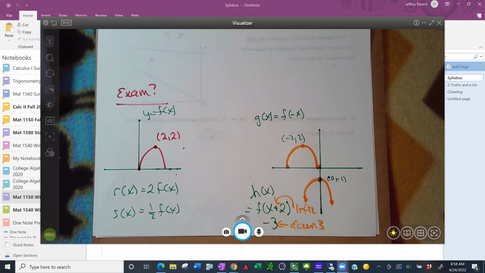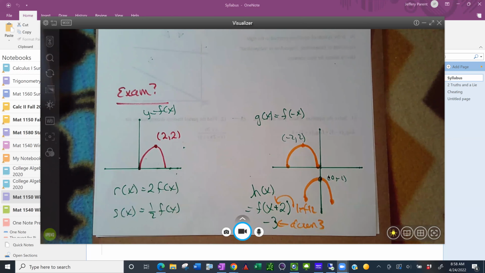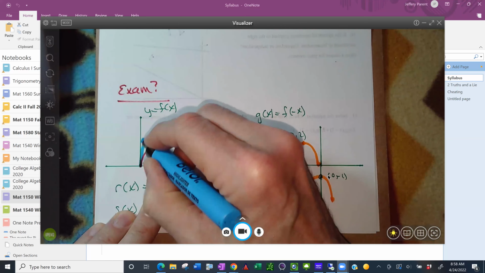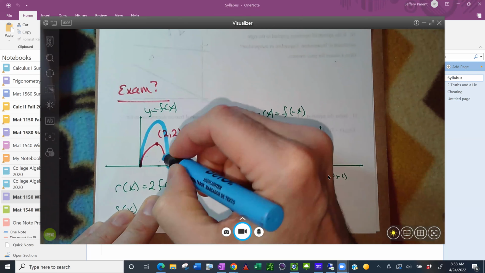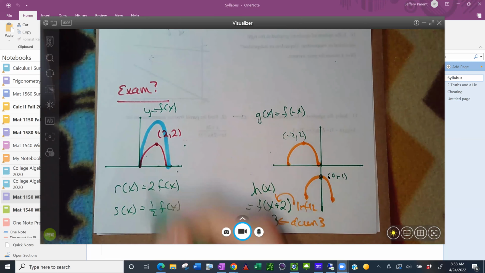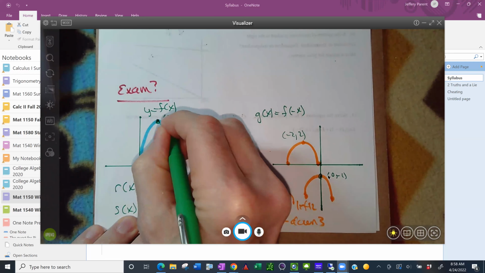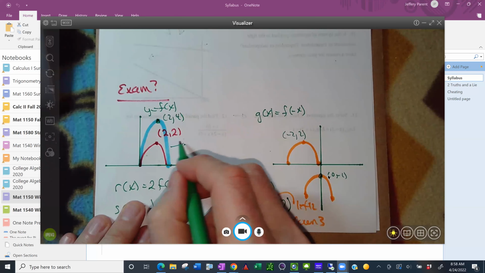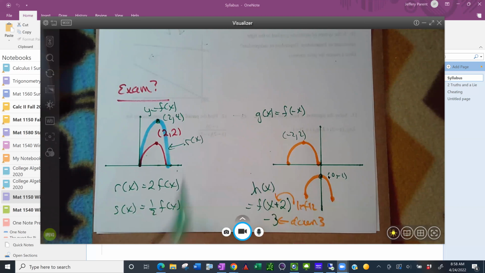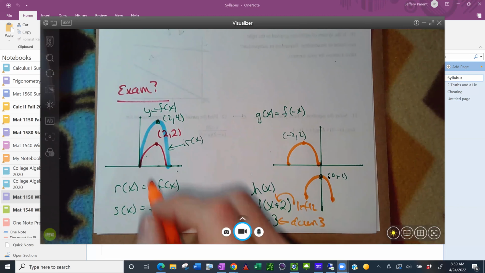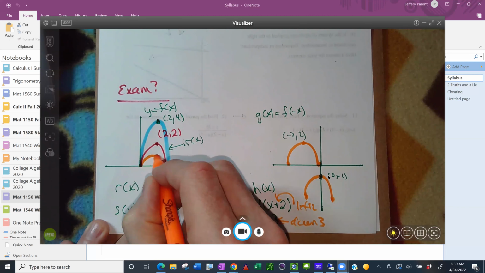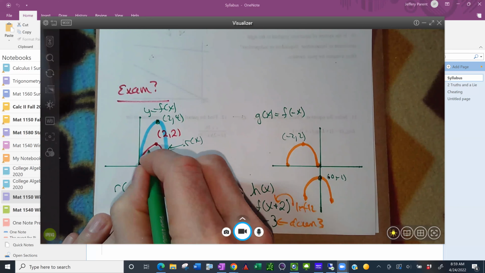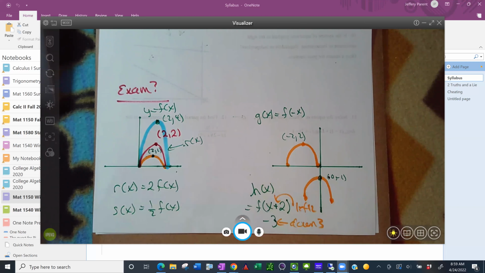What else? You can stretch this graph. If you multiply by 2, that's going to be a vertical stretch. So this point would still be at 2, except the height would be at 4. That would be your r of x. What about this one? Well, that's going to shrink things. So this point would then be at 2 and 1.